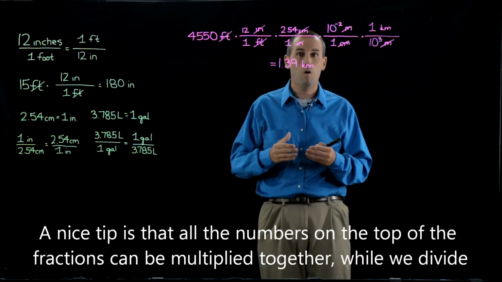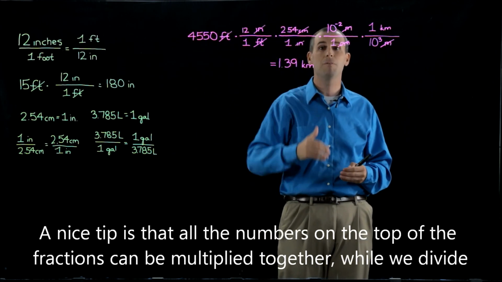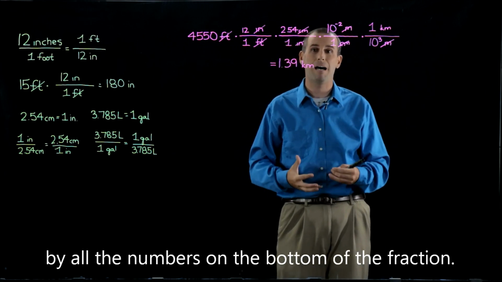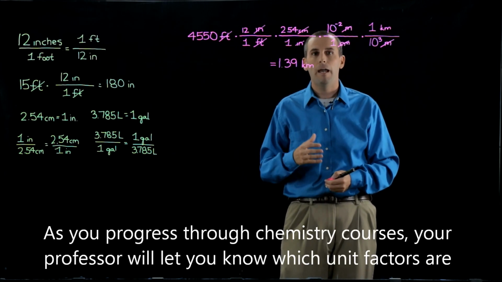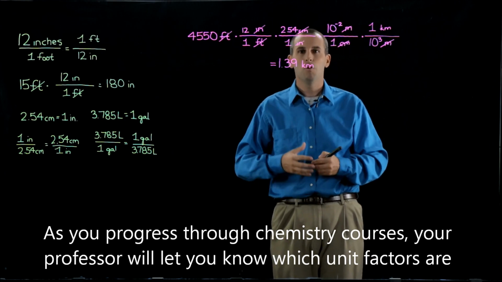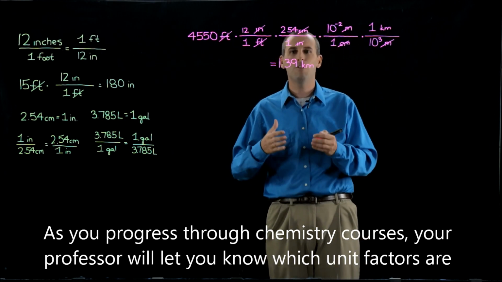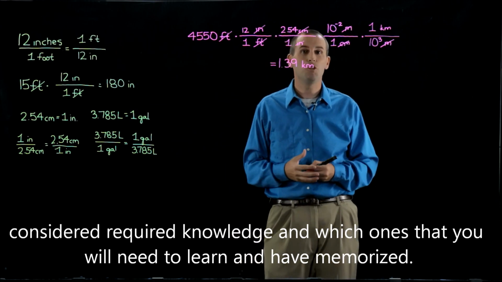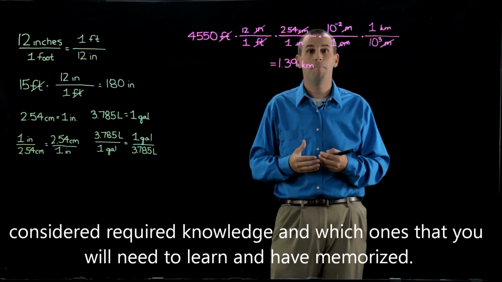A nice tip is that all the numbers on the top of the fractions can be multiplied together while we divide by all the numbers on the bottom of the fractions. As you progress through your chemistry course, your professor will let you know which unit factors are considered required knowledge and which ones you will need to learn and have memorized.